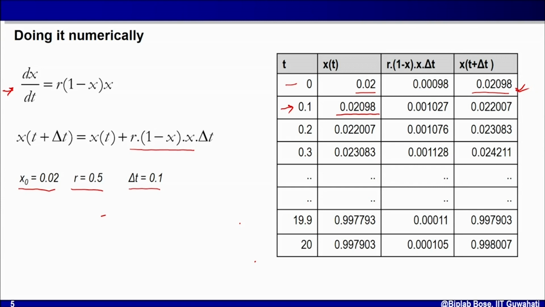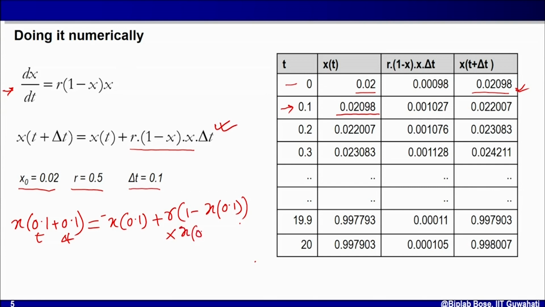This value is coming from this one. Now again, if I increment the time by 0.1, that is delta t, I have to calculate what will happen at x at 0.1 plus 0.1. So this is time, and this is delta t. Again I will use the same formula we are getting for Euler's method. I have to take the value of x at 0.1 plus r into 1 minus x at 0.1, into x at 0.1, into delta t.